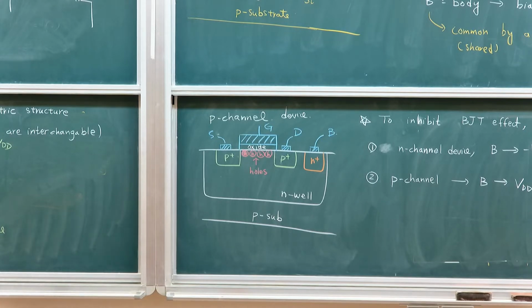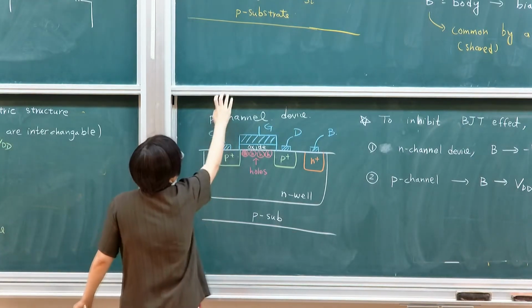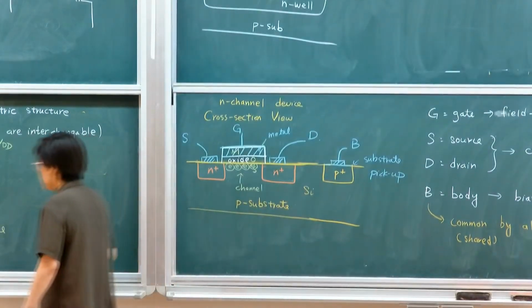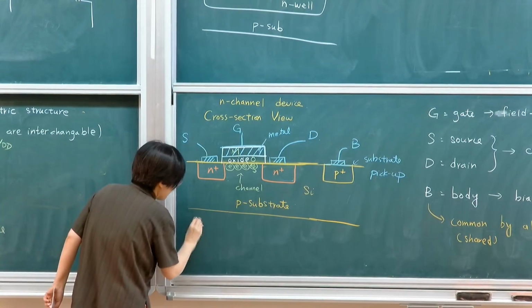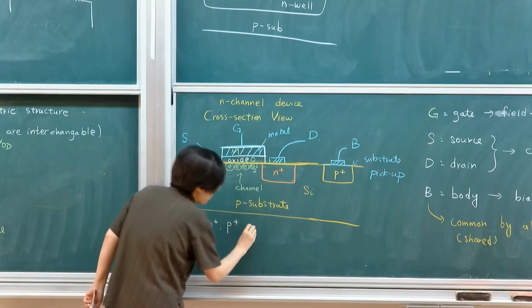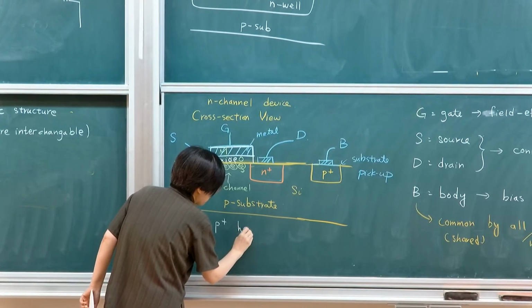And the other thing I want to highlight, though I don't think we have time to go into the operation principles, is that I have N plus and P plus, referred to as heavily doped.